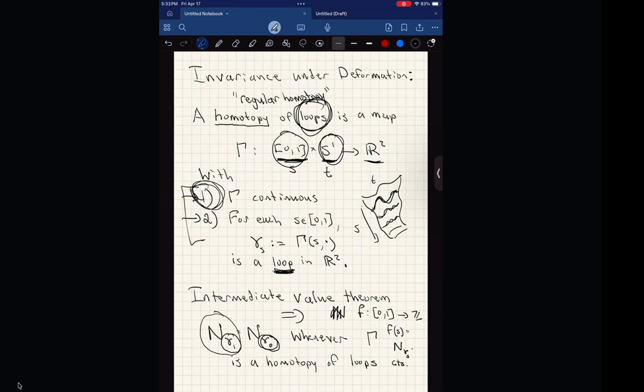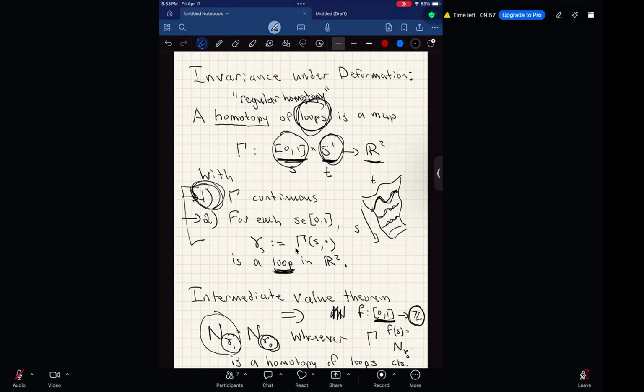And now I have a continuous function from an interval to the integers. So the intermediate value theorem says that my continuous function f achieves any value between any two achieved values. But my function can only achieve values in the integers, a discrete set.